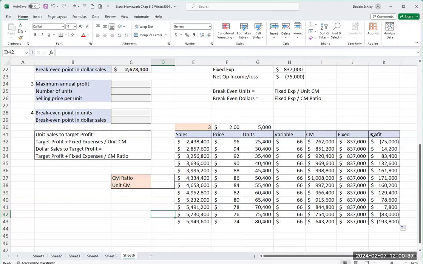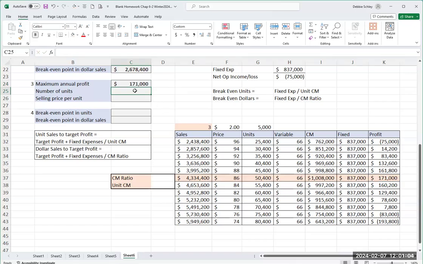Well, because I just made this chart, all I need to do now is visually look up and down and find the profit that is the highest. So with that scenario, this is my highest profit. So my maximum annual profit is equal to 171,000.